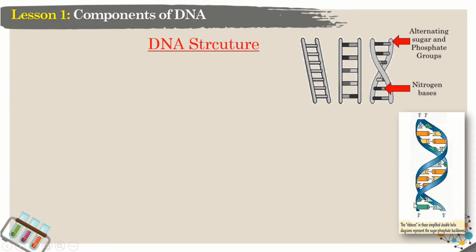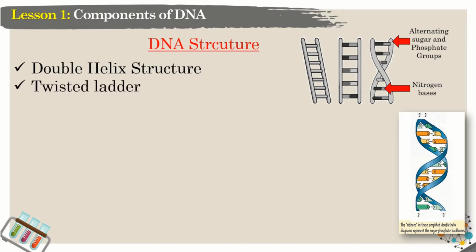Okay, so what does the structure of DNA look like? This DNA structure is known as the double helix, just like what I have told you a while ago. Crick and Watson discovered this model. In order for you to have an idea, you just have to think of a ladder which is being twisted, just like what we have in this one.